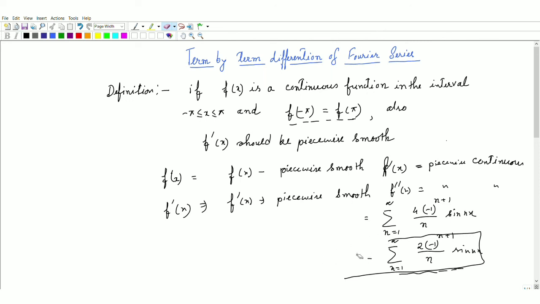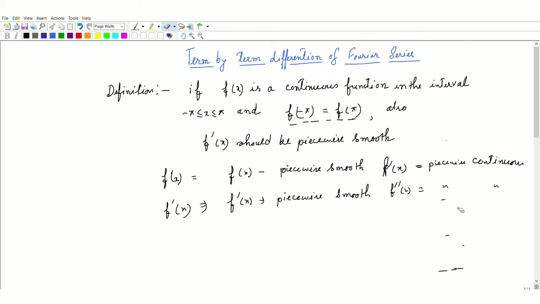So as per the theorem, the function should be continuous in the defining interval. If I draw a function from minus pi to pi, and inside that interval itself the function is discontinuous, then we will say that this function cannot be term by term differentiated.